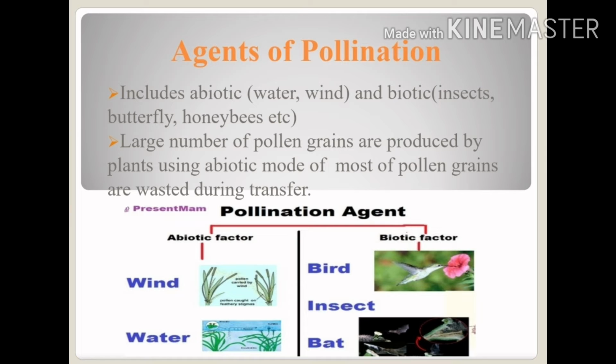At least a few of the pollen grains can reach the female reproductive part during the pollination process.